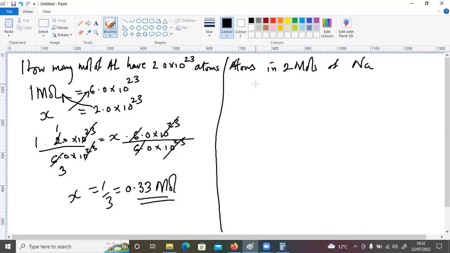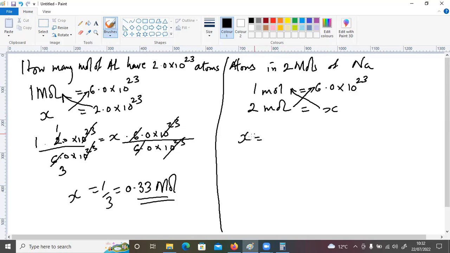I'll come here and say that 1 mole of sodium has 6.0 times 10 to power 23 atoms of sodium. So 2 moles of sodium, how many atoms are there? I do cross multiplication. You get familiar with this and make sure you're following up with me. Do actually do this exercise and don't just look at it, write it down. That's the way you are going to get familiar with it, and you get to do this calculation.